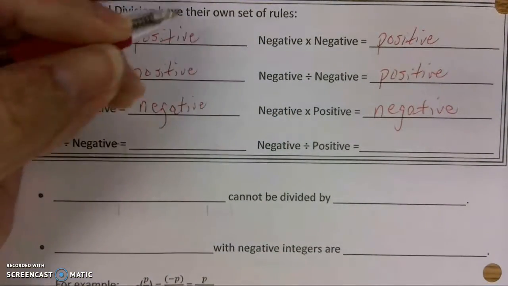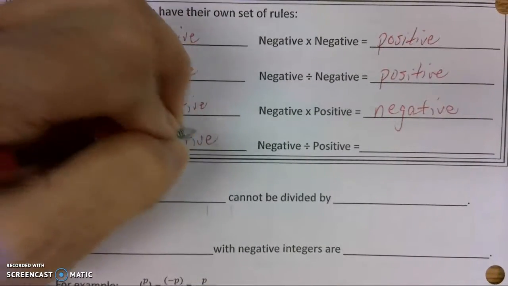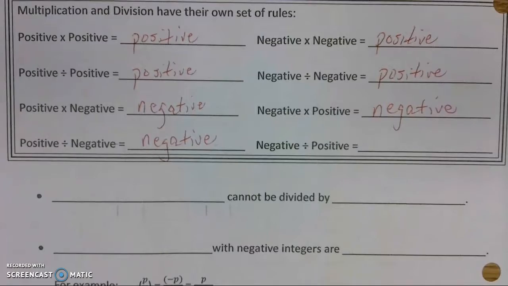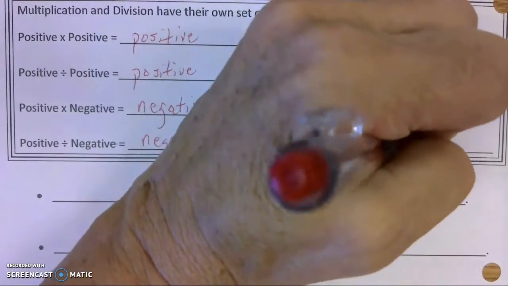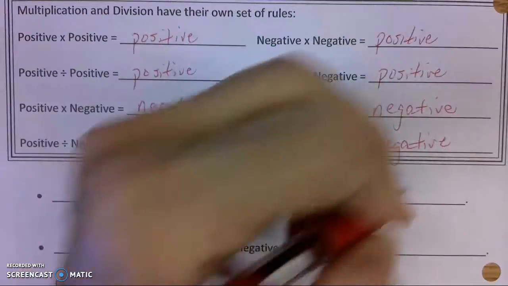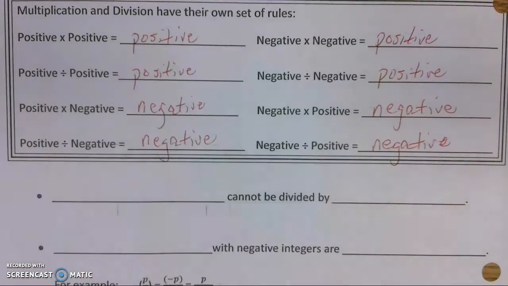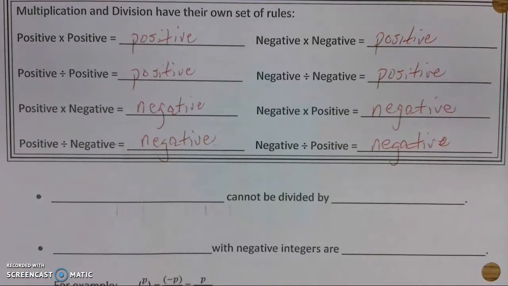When I divide a positive by a negative, my answer is going to be negative. And when I divide a negative by a positive, my answer is going to be negative. So when my signs are different, my answer is negative. When my signs are the same, it's positive.